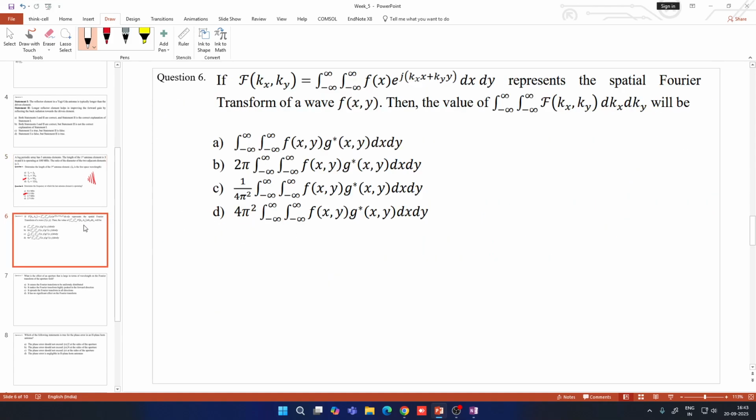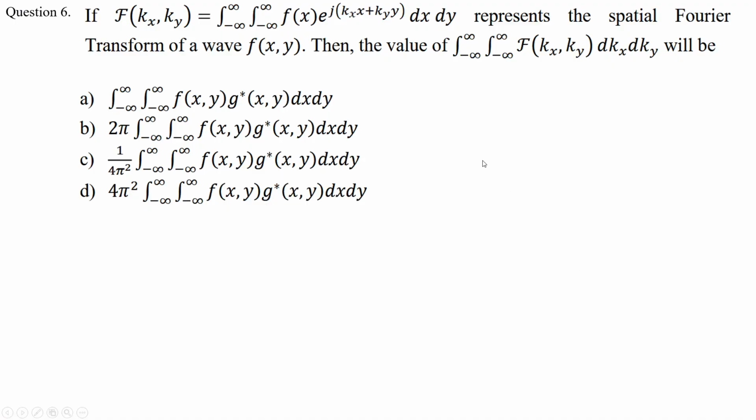Now we will move on to question number 6. Question number 6 is a bit mathematical. If you have seen the lecture regarding the derivation of aperture antennas, where sir introduced a Fourier transform, and why we have to do that, you can understand this problem better. It's a purely mathematical question.